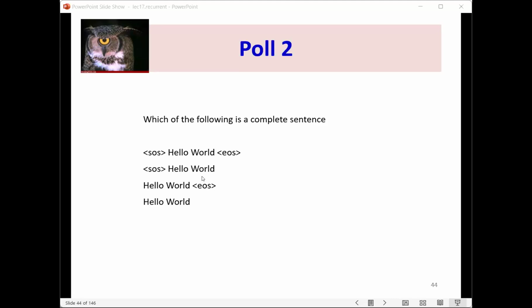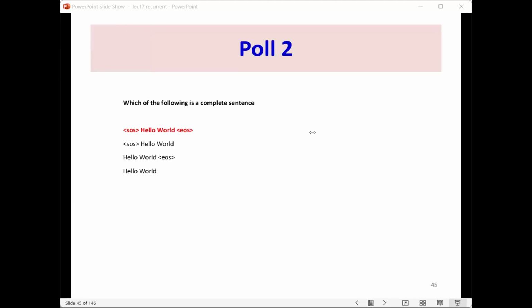Okay. I'll terminate the poll here. And here's what you guys thought. What's the answer, guys? Hey, perfect, right? So this is the one.